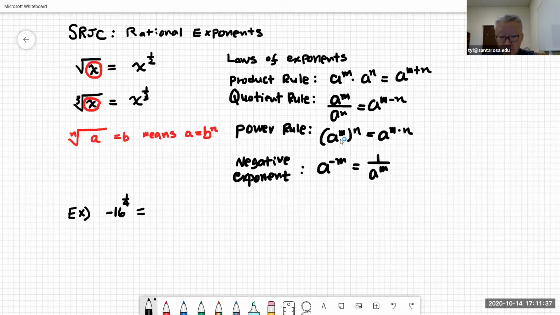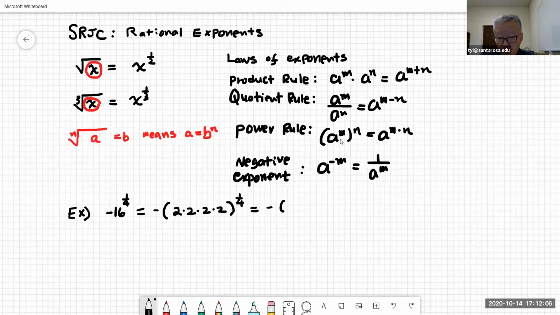Remember that this minus is not included in the 1/4 exponent. So I have minus, then 2 times 2 times 2 times 2, to the 1/4.